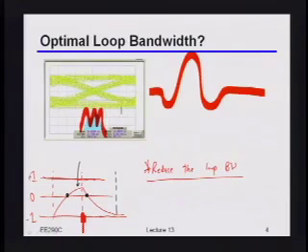So it's this combination of, we want to make the loop bandwidth high because of the VCO noise, but we want to make it low because of the jitter on the incoming data. And with this particular architecture, there was kind of no way you could actually do that, right?